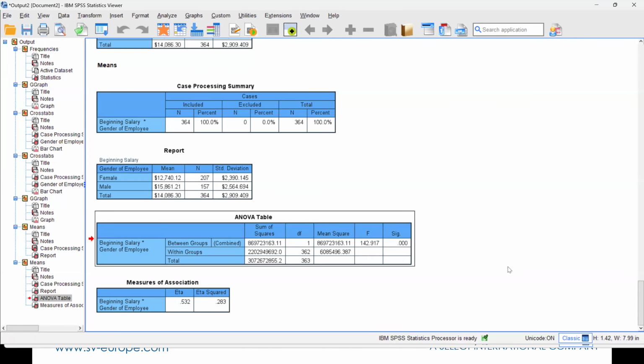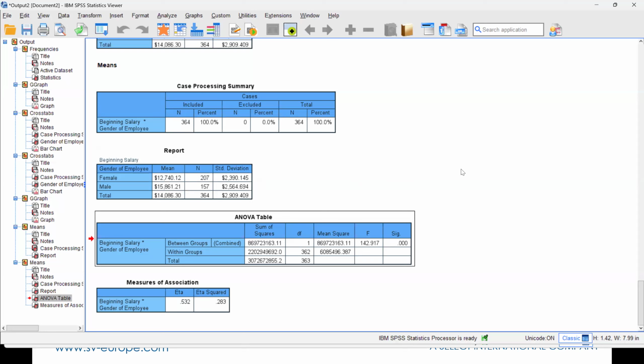And it's basically telling me the probability of getting a result as extreme as this, assuming that in reality, the two averages are the same, and that this difference that we're observing is in fact just driven by the fact that we've taken a random sample and we've just got unlucky. Just got unlucky, and it seems like the males are much higher than females. It's telling us the probability that could happen.